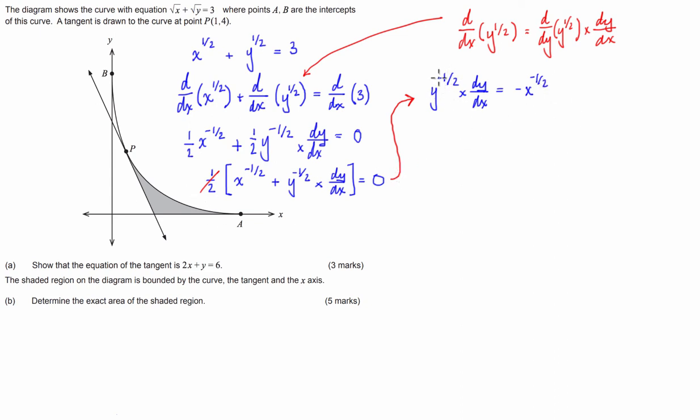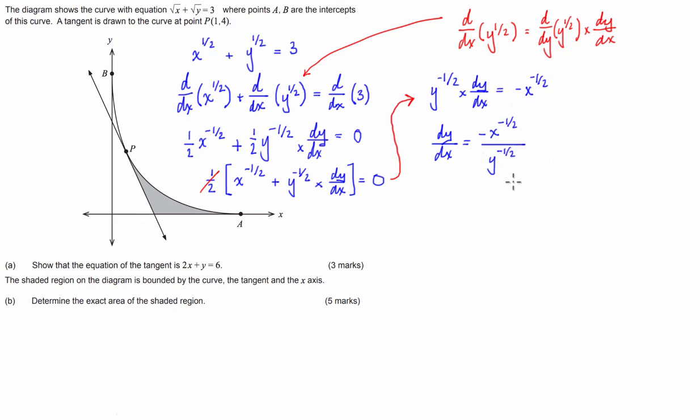And then I'm going to take the y term to the other side. So I'm going to divide both sides by y to the power of -1/2, and I'm left with dy/dx is equal to -x to the power of -1/2 over y to the power of -1/2.